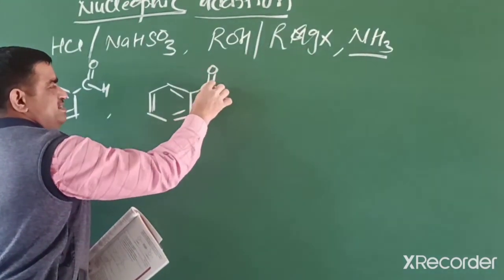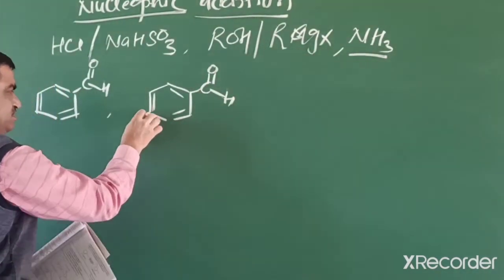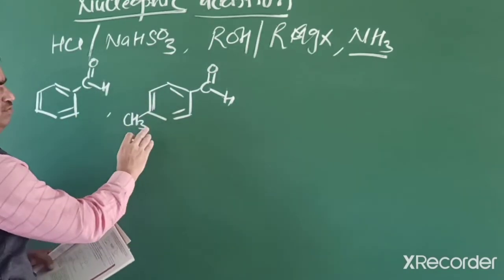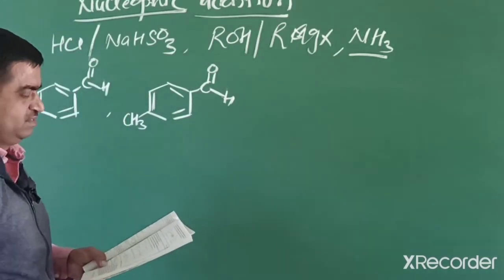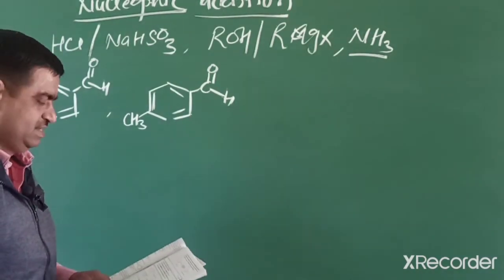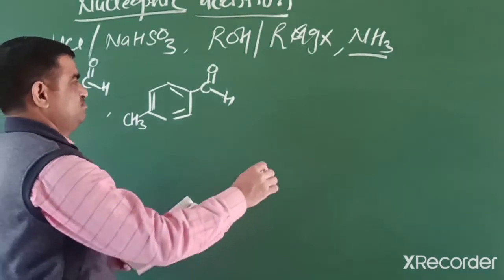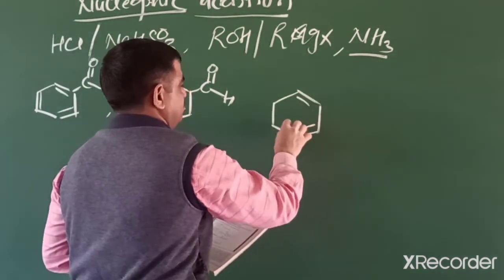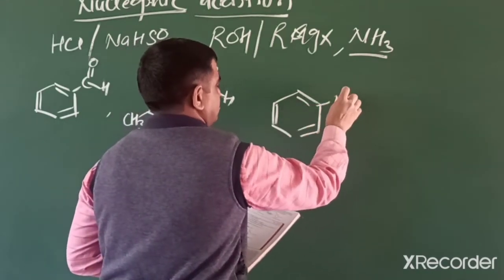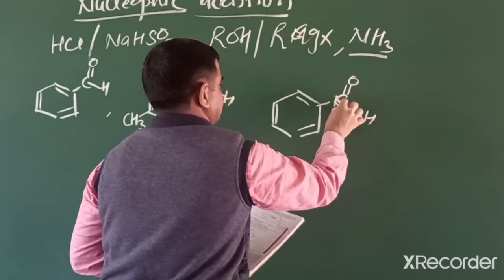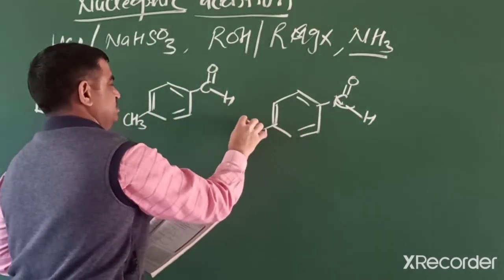This one is the aldehyde, and its para position has CH3. Para-tolualdehyde, or we can say para-methylbenzaldehyde. The next one is para-nitrobenzaldehyde.